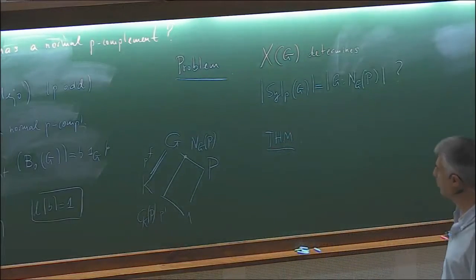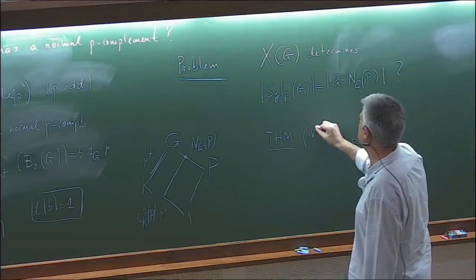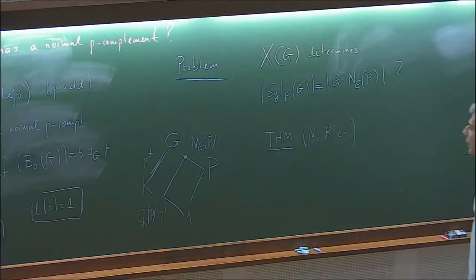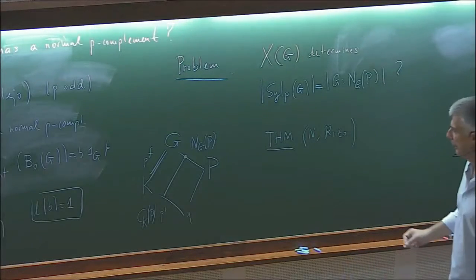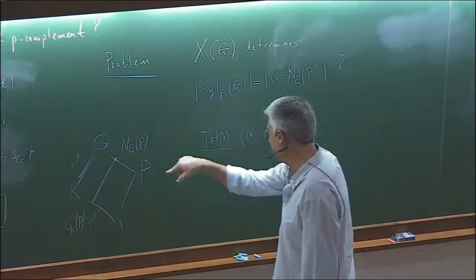And here is the formula that we found. So this is joint work with my student, Noelia Rizo. So we found the following formula. I'll explain later. And the formula is this one.